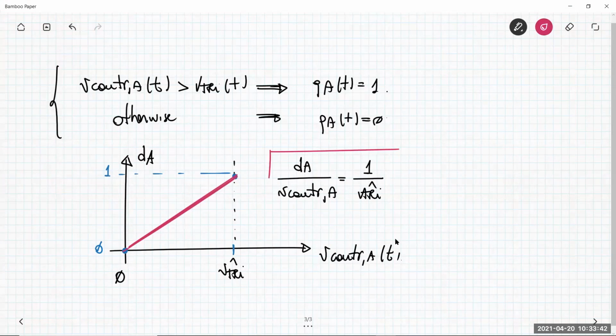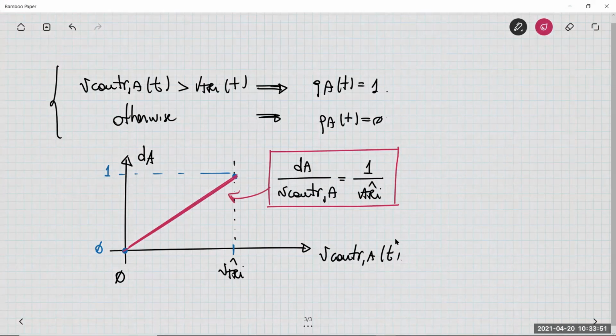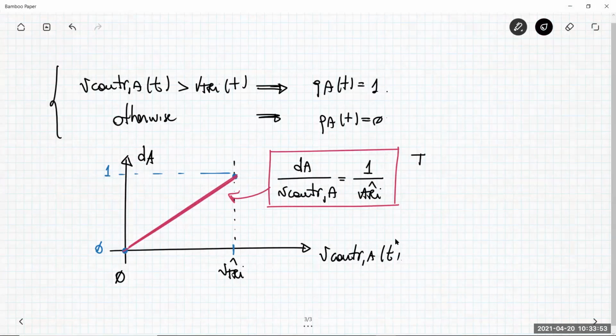This is the mathematical representation of this curve. This equation represents what is called the transfer function of the pulse width modulator.